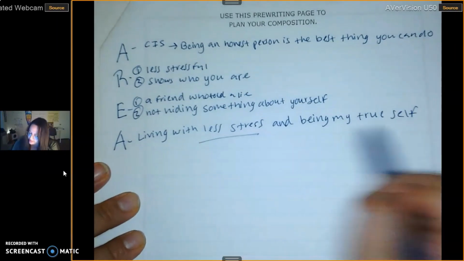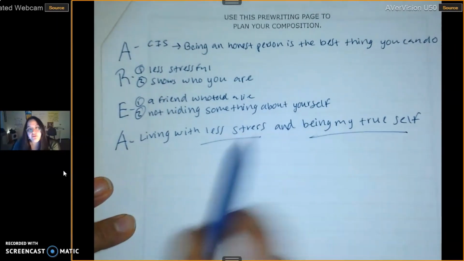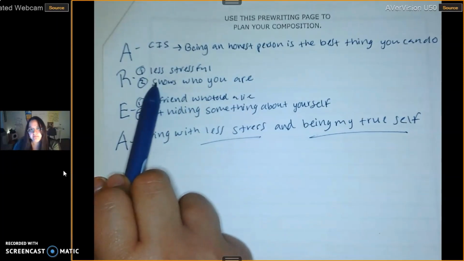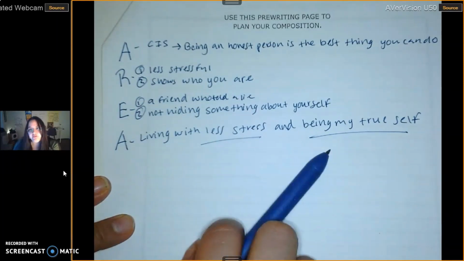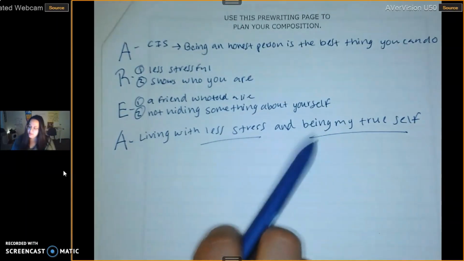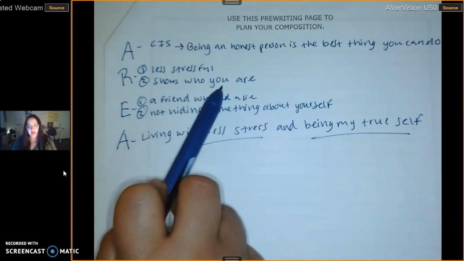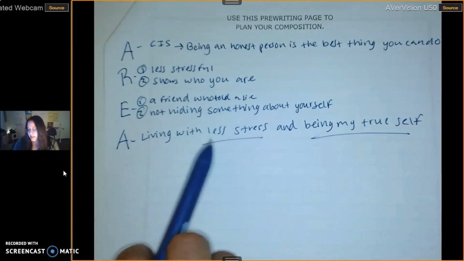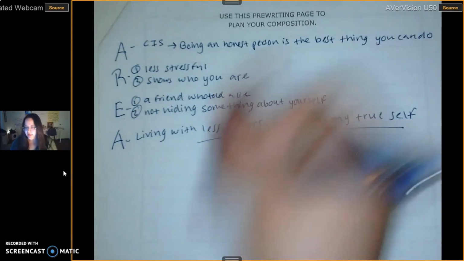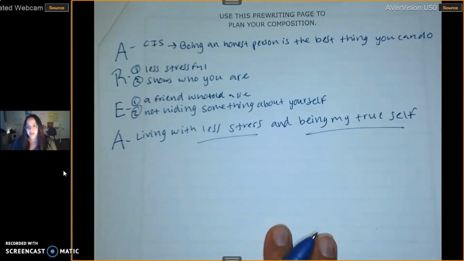Living with less stress and being my true self. So if you notice, those are my 2 reasons. I just said them in a different way. I said living with less stress and being my true self, because being my true self can show who I am. So that's what I did in my last paragraph, that you guys will get to read it when I write it out on my lined paper.